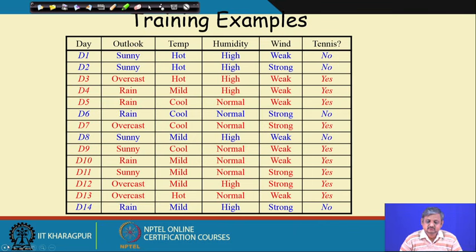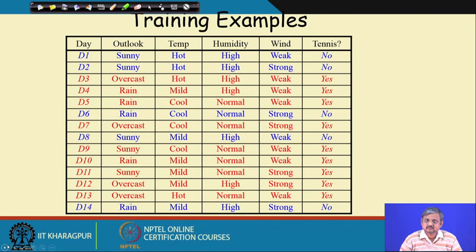Day 10 would be described as rain, mild, normal and weak. Okay. And of course, the final column that we see is the class level.